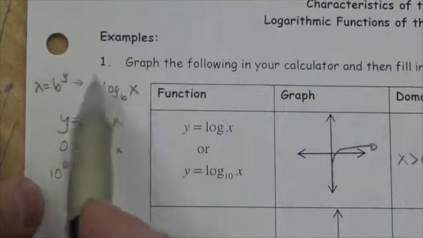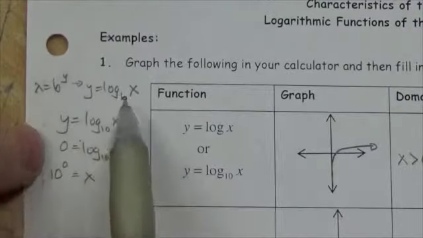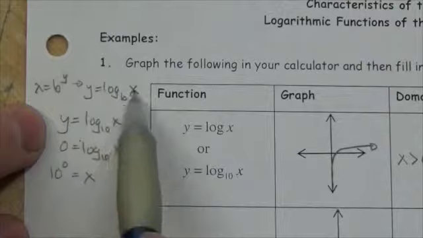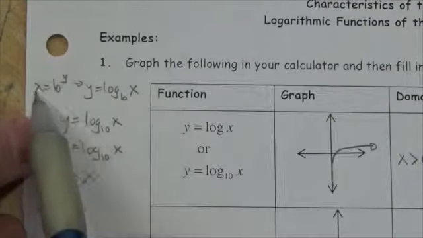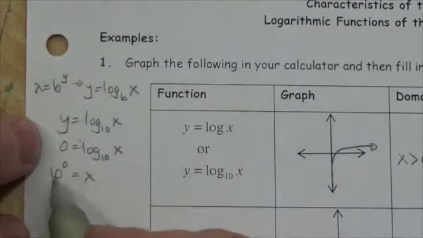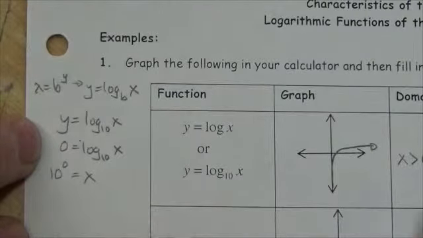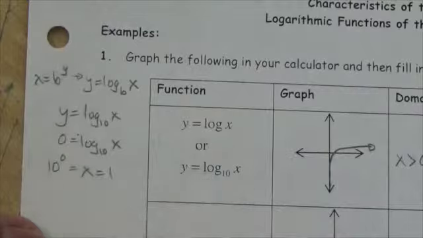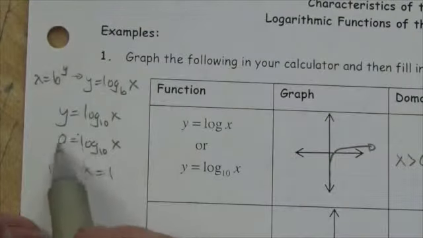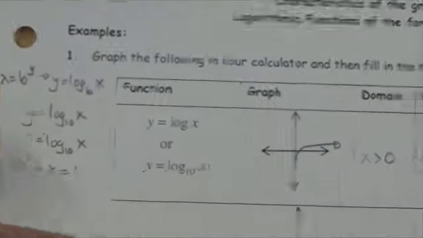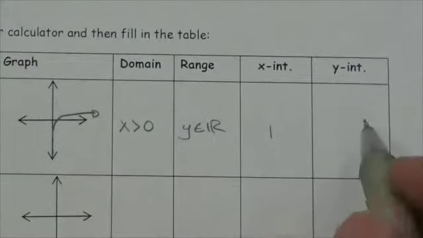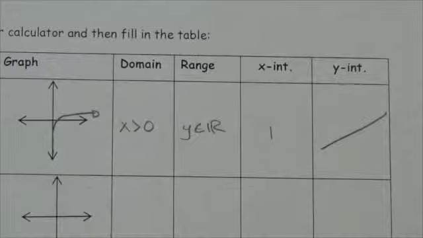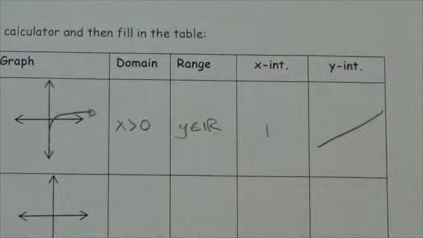Right now I've got 0 equals log base 10 of x, which means x must be 10 to the 0, and 10 to the 0 is just 1. So there's my x-intercept. I made y equal to 0, and when I solved for x, I got 1. Sorry, the x-intercept is 1. Now the y-intercept doesn't exist because I never actually touched the y-axis.